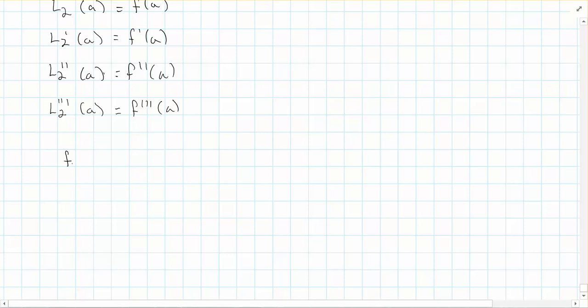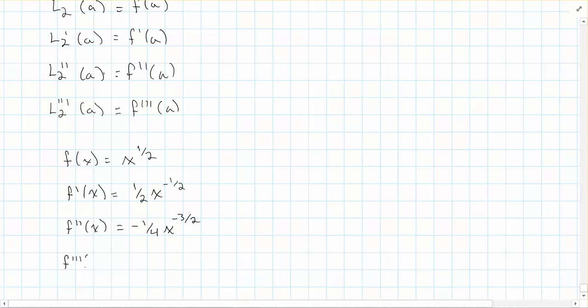Okay, so let's start coming up with a systematic way of doing this. We're going to have f at x equal to x to the 1/2 power. F prime at x is 1/2 x to the negative 1/2. F double prime at x is negative 1/4 x to the negative 3/2.